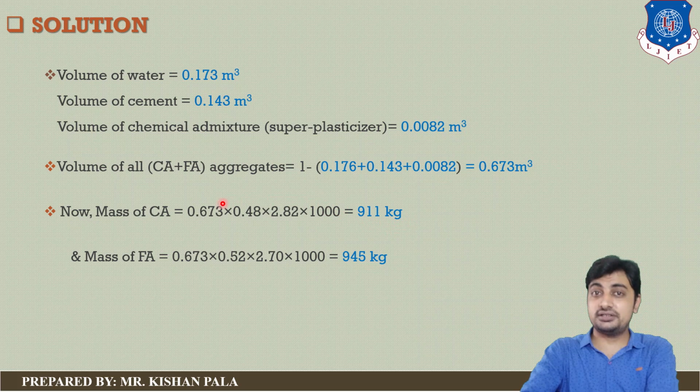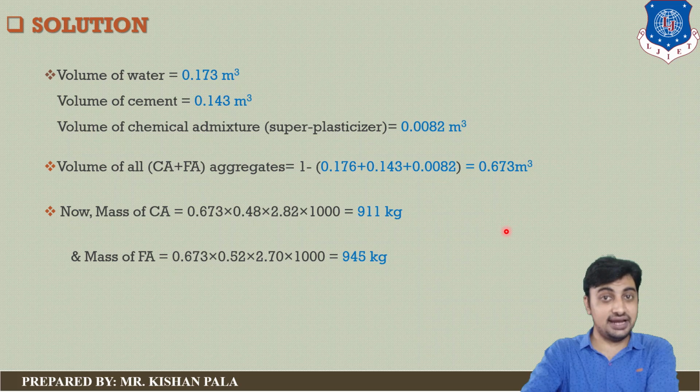Now for the fine aggregate: 0.673, the total volume of aggregate, times 52 percent, times 2.70, the specific gravity of the fine aggregate, multiplied by 1000, which gives 945 kilogram.